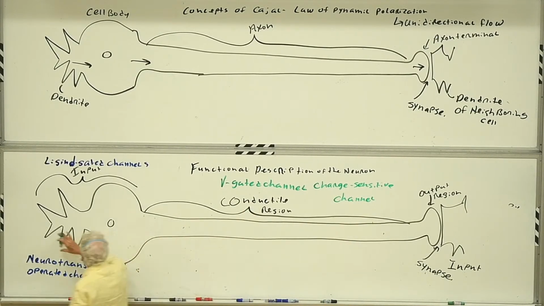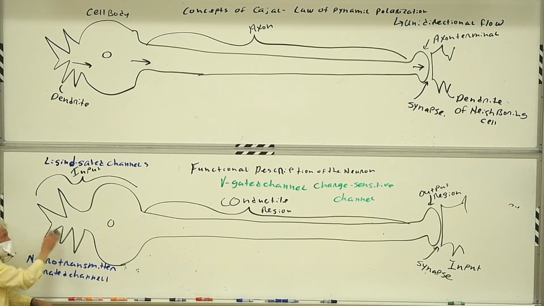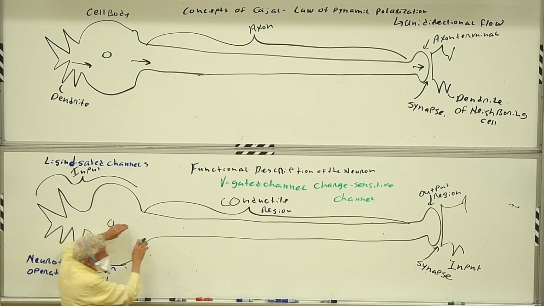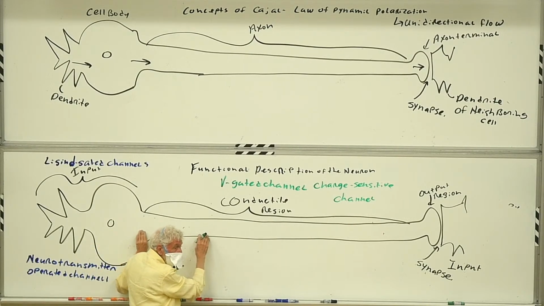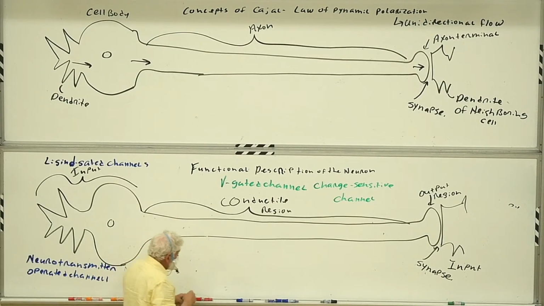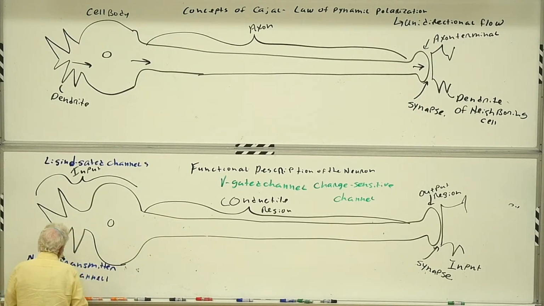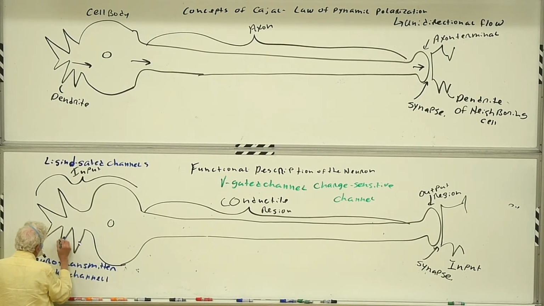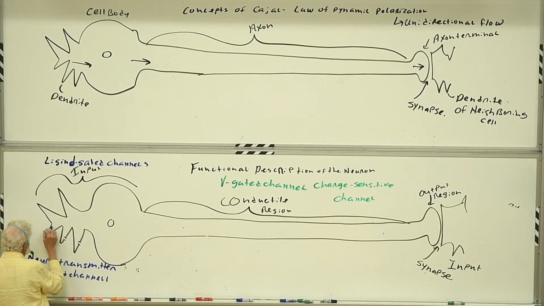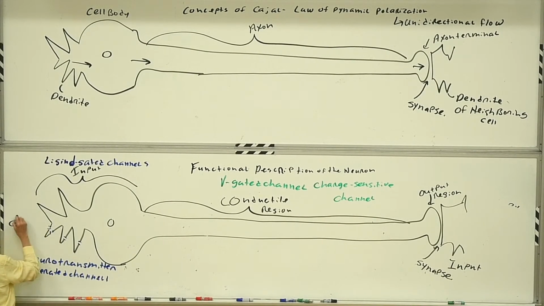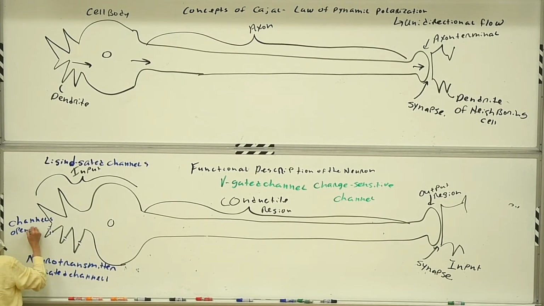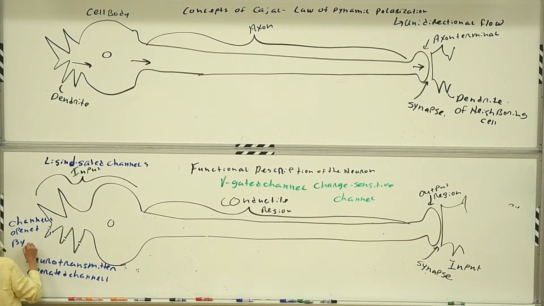Where these channels out here in the input region are opened and regulated by neurotransmitter, these channels along the conductile region are operated by a change in charge. We can draw this in such a way that we can say that there are channels out here that are opened by neurotransmitter.